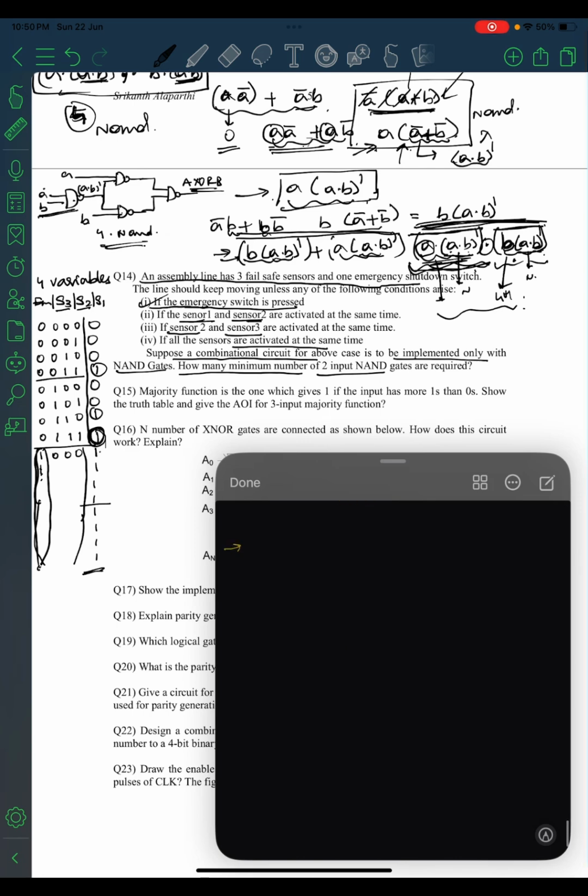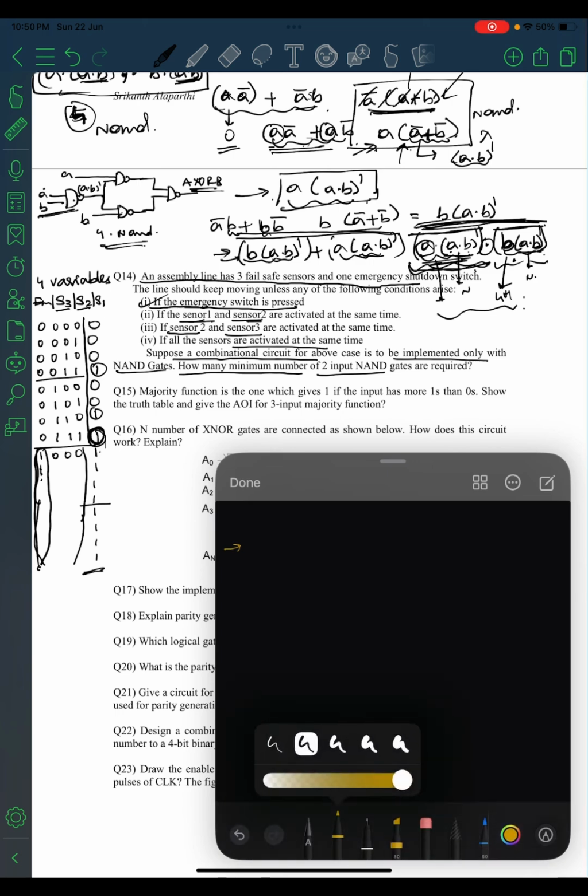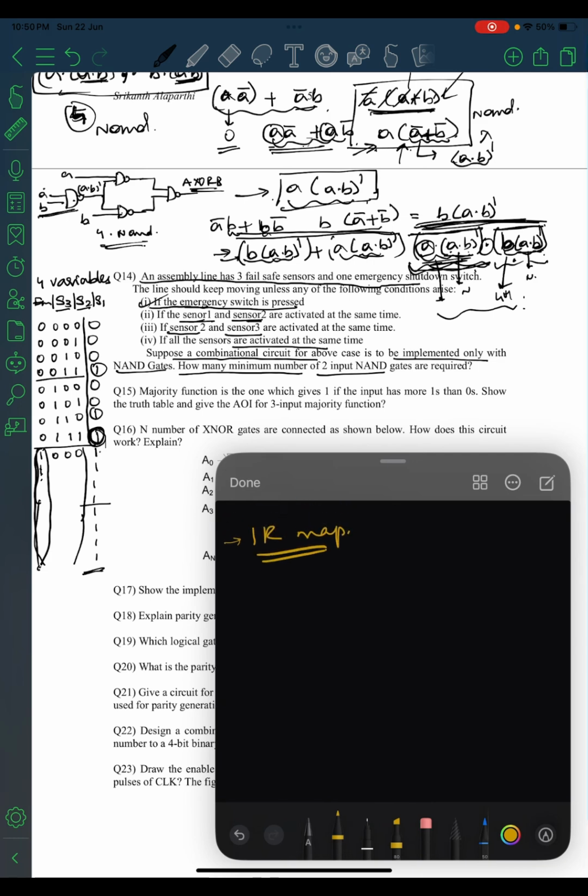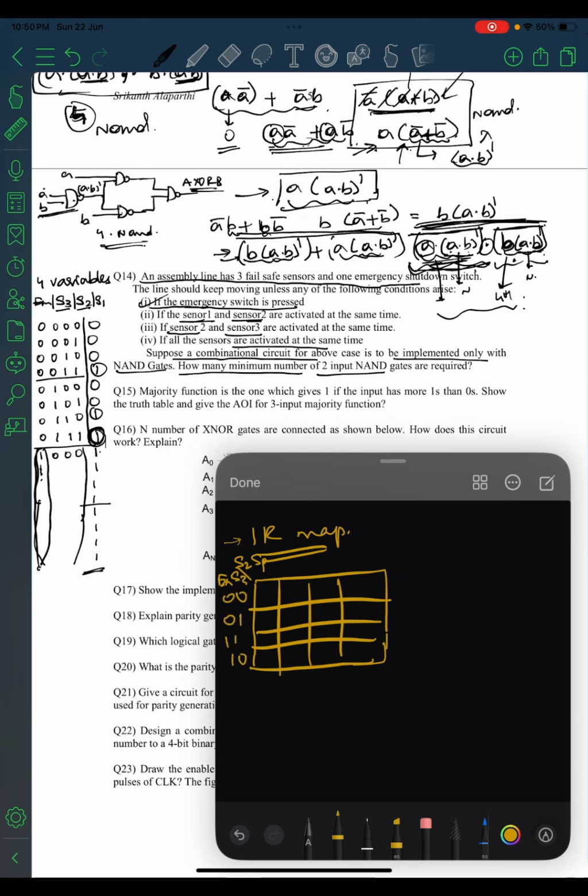Now we need to use the K map over here. This is S2, S1 and emergency and S3. 0 0 0 1 1 1 1 0 0 0 0 1 1 1 1 0.